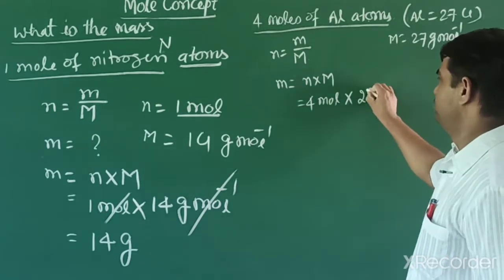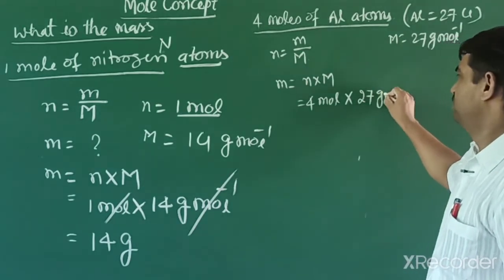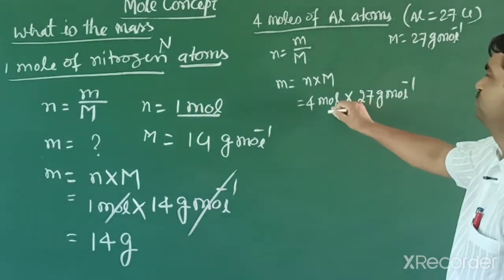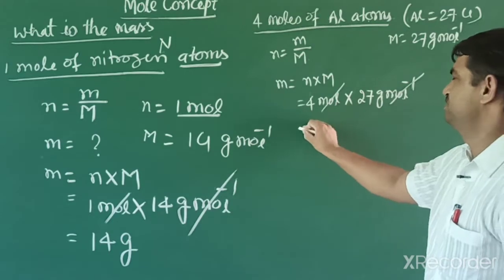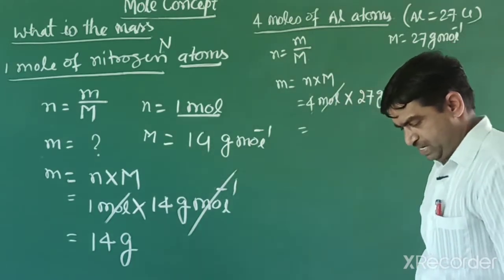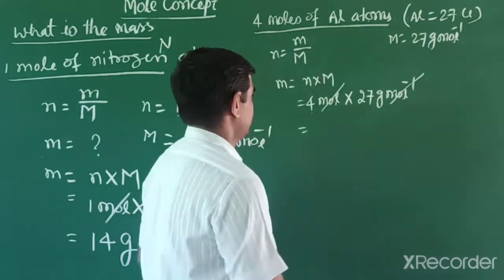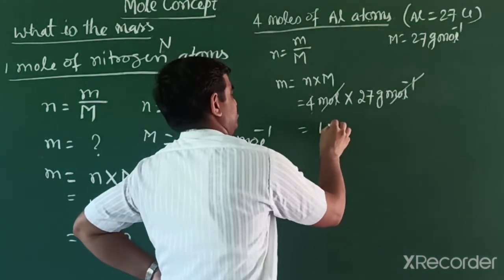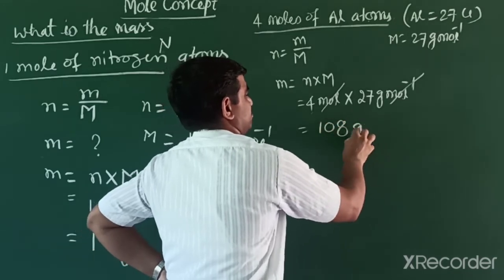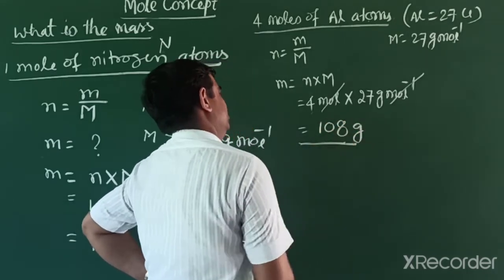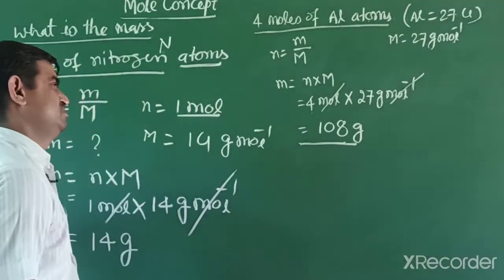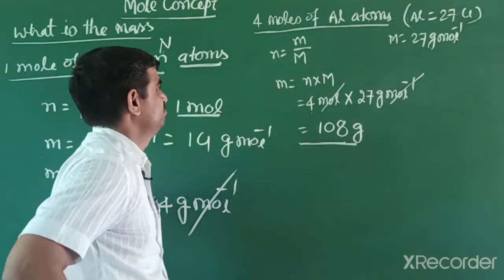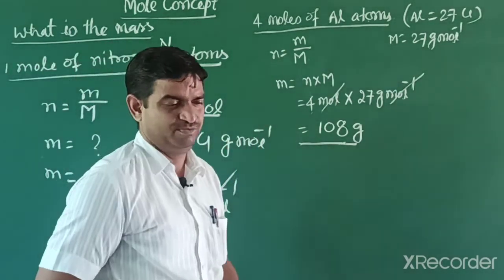So it's multiplied by 27 gram mole inverse. When you multiply, you get 108 gram. So 4 mole of aluminium is 108 gram.